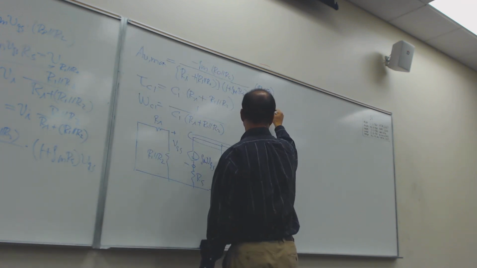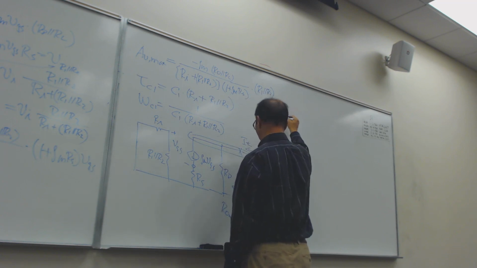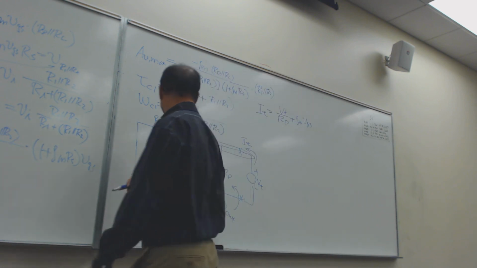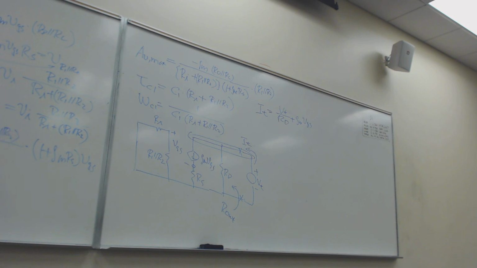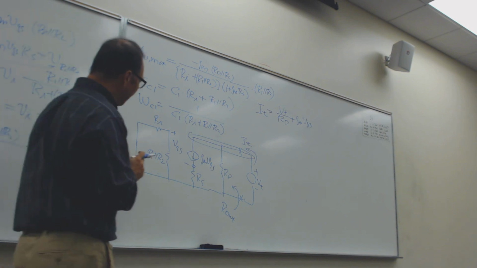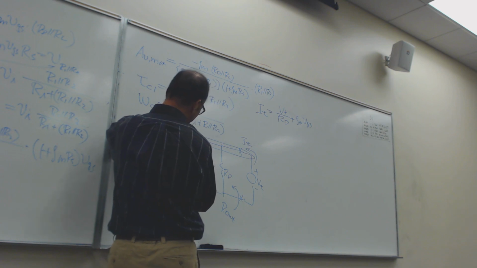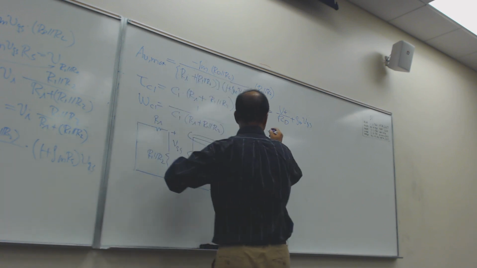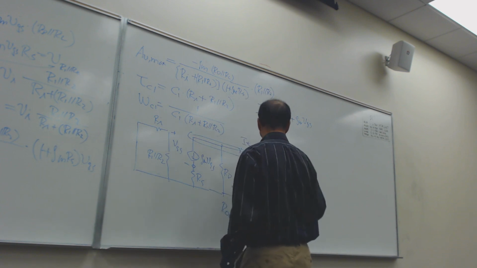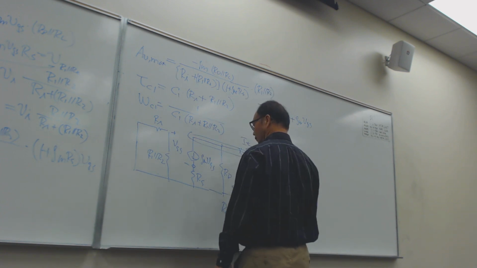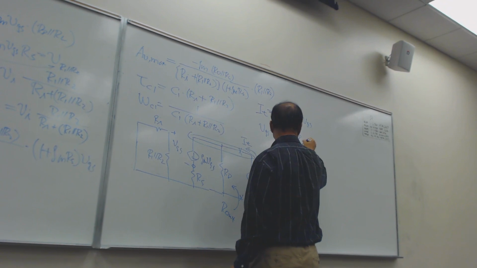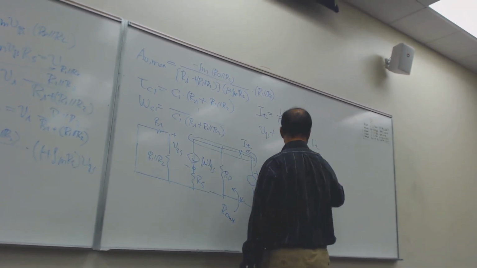I test equal to V test over R sub D plus GM VGS. Correct? Okay. And this voltage is what? VT, correct? So this is this plus that. Huh? So it's VGS plus that. What is that? GM VGS RS. That equal to VT. Yes?